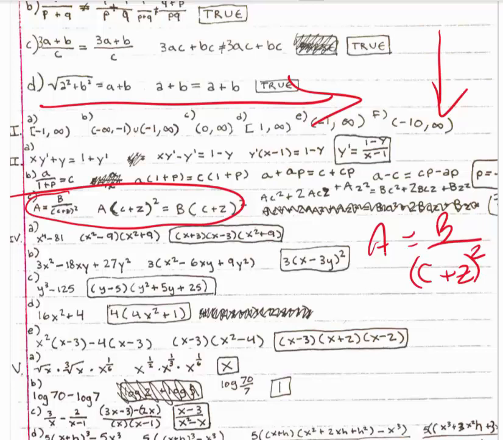Below that, you would write A times C plus Z squared equals B. And then this C plus Z squared part, that's actually a linkage error, and we're going to talk about that a little bit later, because when you multiply both sides by C plus Z squared, that would cancel out on that side. So write your work going vertically instead of horizontally.